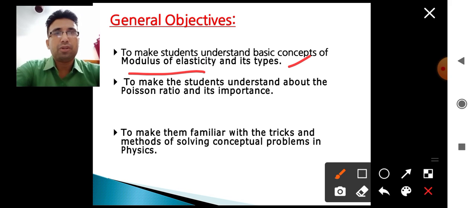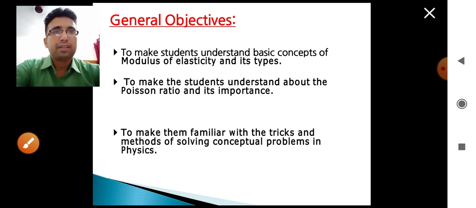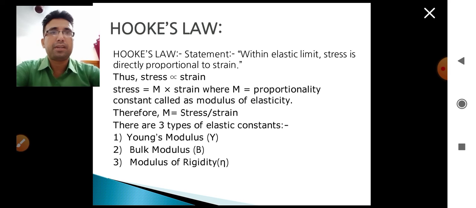And one of the more important objectives is to make the student familiar with the tricks or methods to solve conceptual problems of physics. Now let us go to the topic.